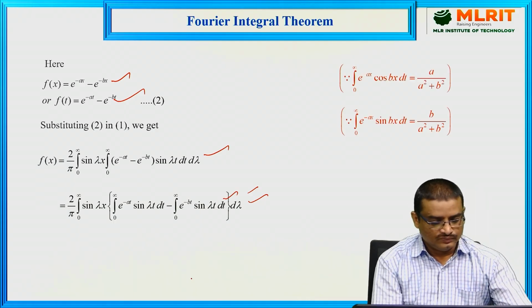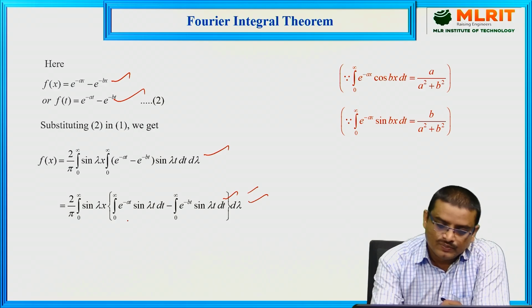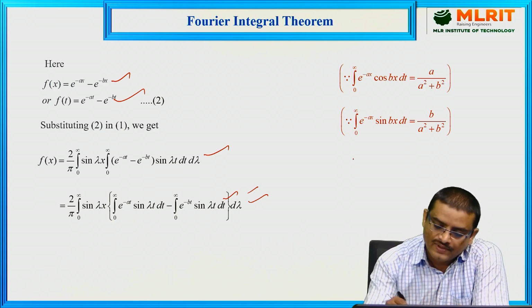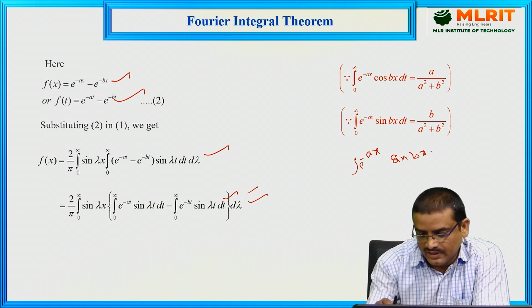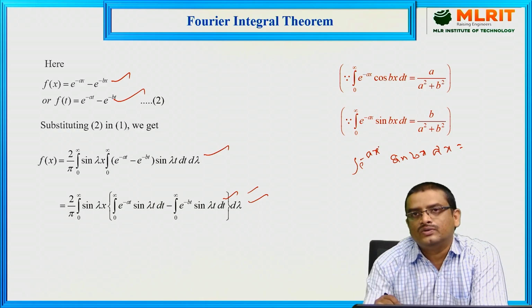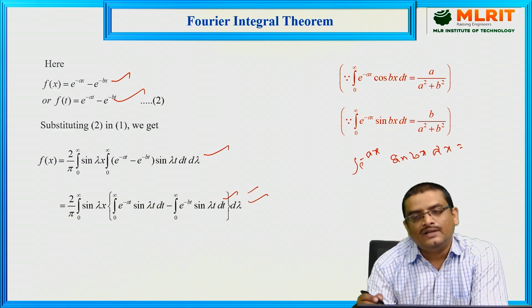Now we have the standard formulas here. If you remember this standard formula, directly we will get our integral value. Otherwise we have to go for the integral of e power minus ax into sine bx dx, which is equal to e power minus ax into (minus a sine bx minus b cos bx) by a square plus b square, and then substitute the limits 0 to infinity.